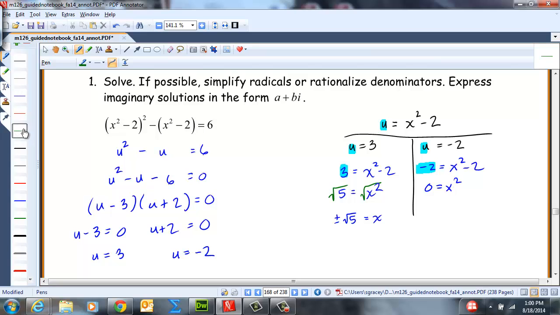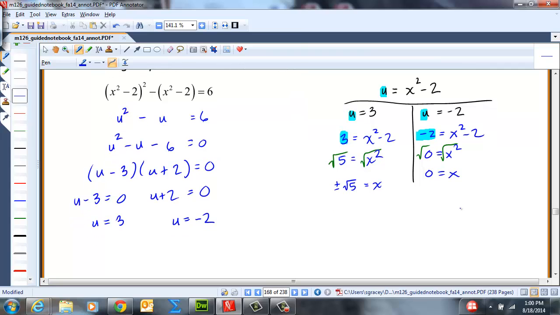And then taking the square root of both sides, we get 0 is equal to x. So our solution set, in the real number system, will be -√5, 0, and √5. Notice that we have a multiplicity of 2 for the solution x equals 0.